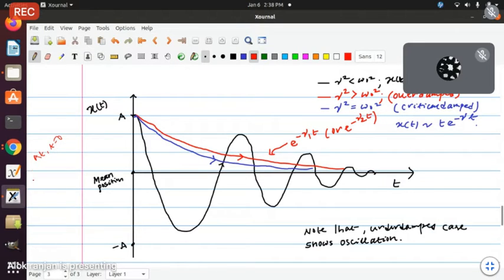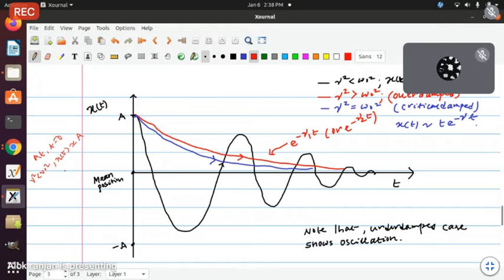So in the underdamped case, at time t equal to 0, what will we have? It will be simply A. Why?